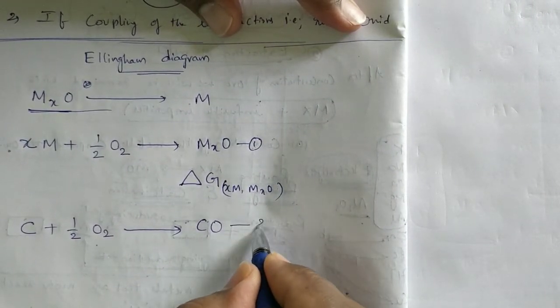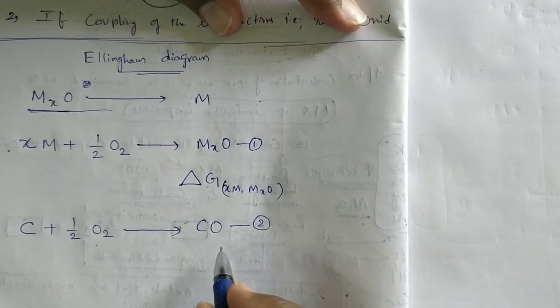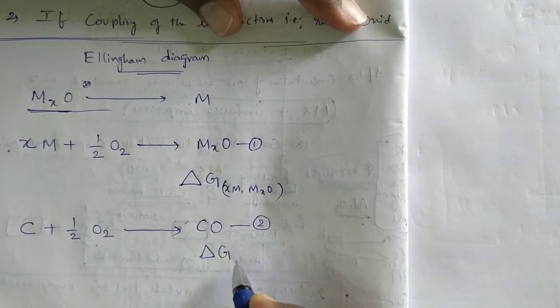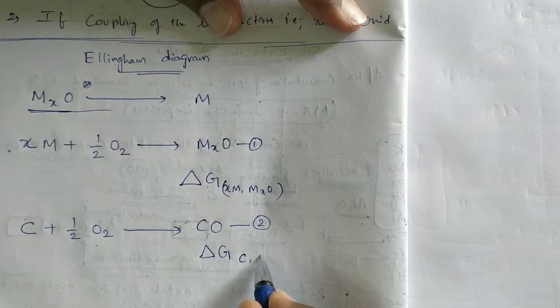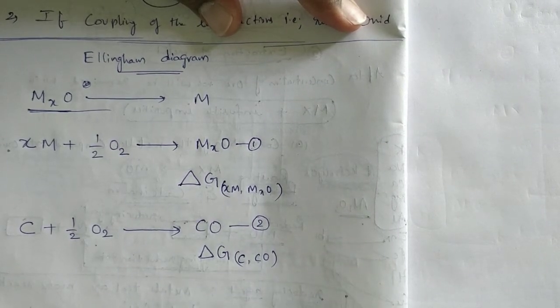This is equation 2. For this, delta G is delta G of C comma CO.